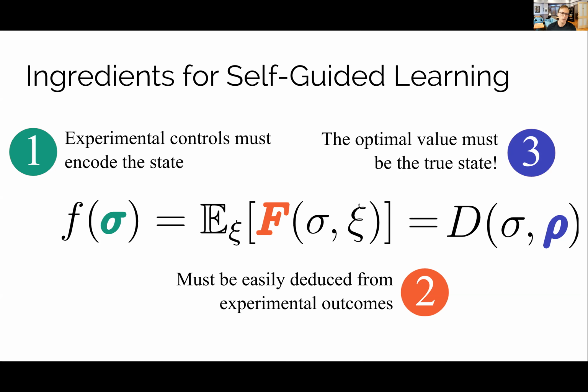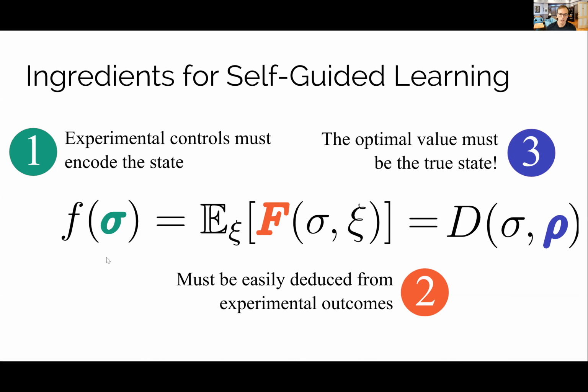By doing an optimization procedure over the set of measurement directions, I can also hone in on the thing that I'm actually interested in, which is a state. So there's a duality there in the sense that the state is one of the measurement directions, and I have experimental controls which are labeled by the thing that I'm trying to estimate.